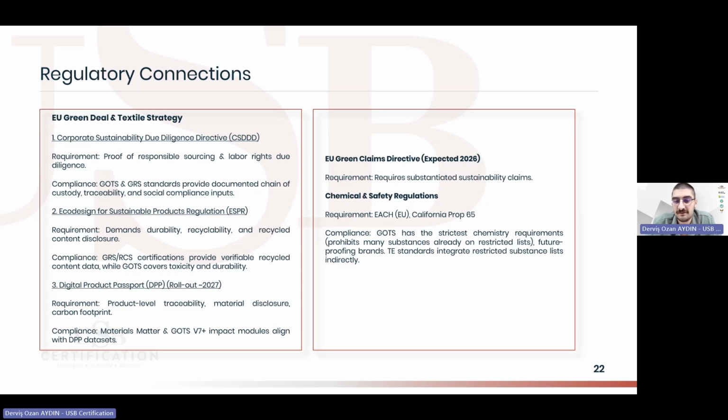For compliance, GOTS has the strictest chemistry requirements, which prohibit many substances already on restricted lists. For future-proofing brands, Textile Exchange standards integrate restricted substance lists indirectly.